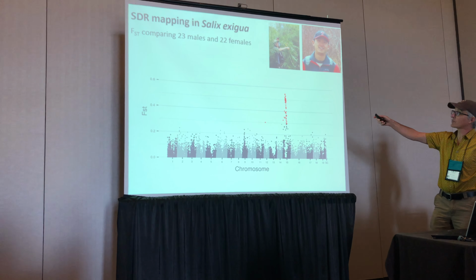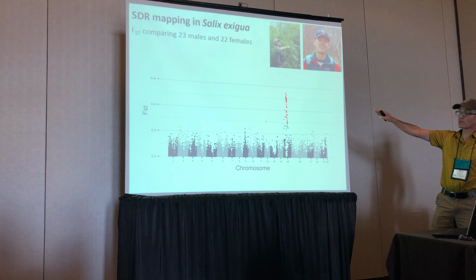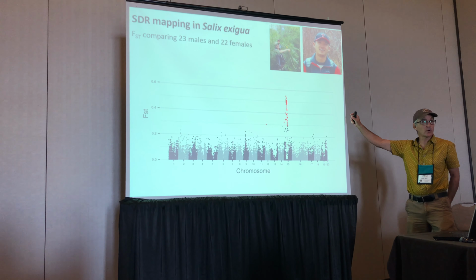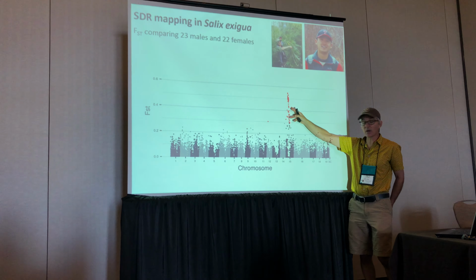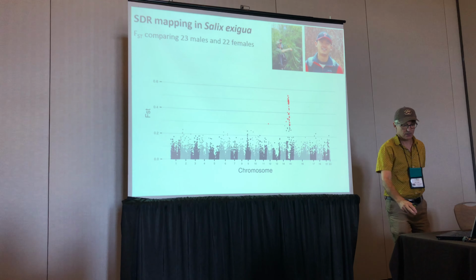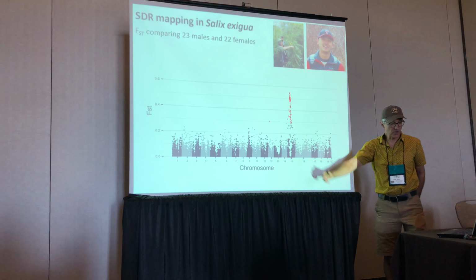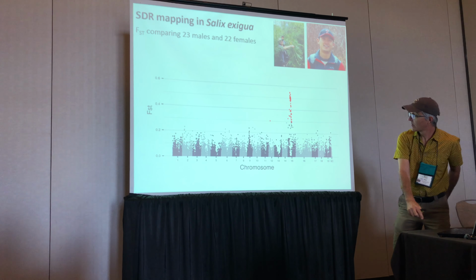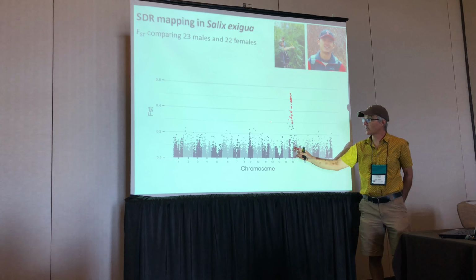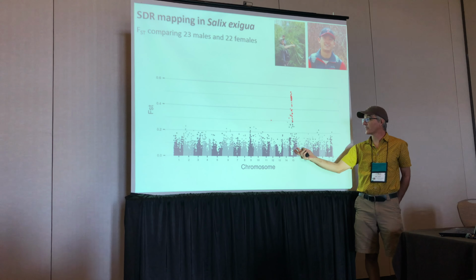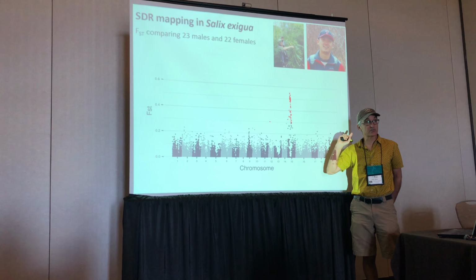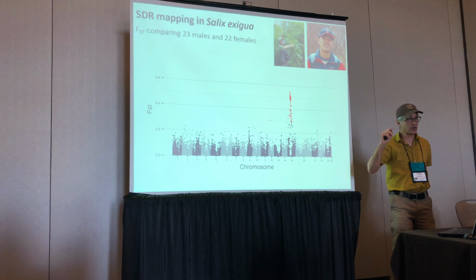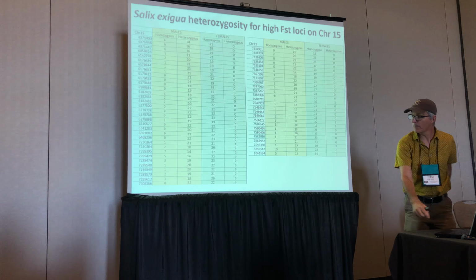I'll just be walking through all of these. This is for Salix exigua. This is some work done by Nan Hu, a graduate student in my lab. He's mapped the sex determination region to be on chromosome 15, because that's where all the high FST markers are. It's also co-localized with the sex determination region in Salix purpurea that Steve DeFazio has been working on.